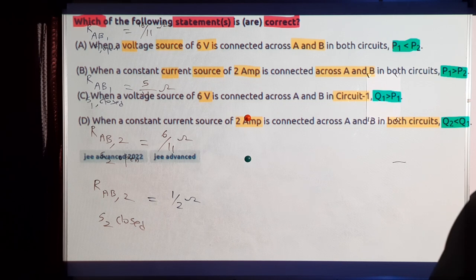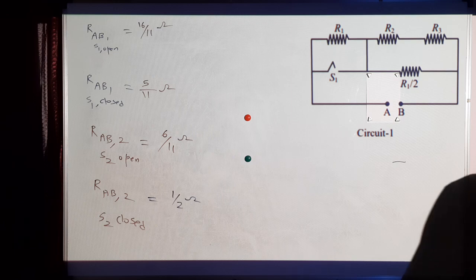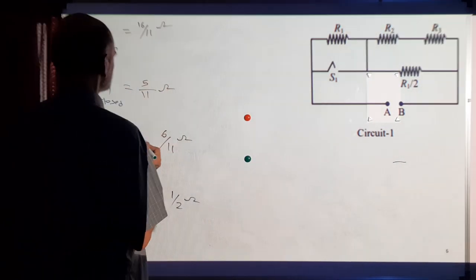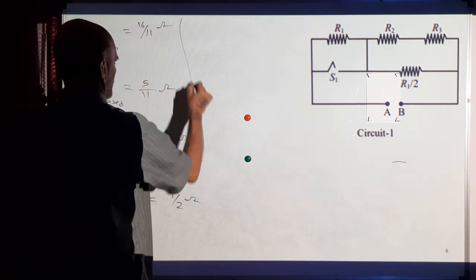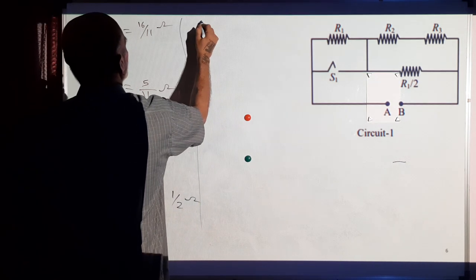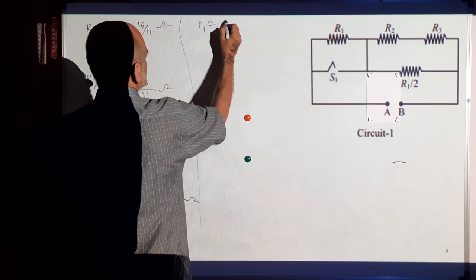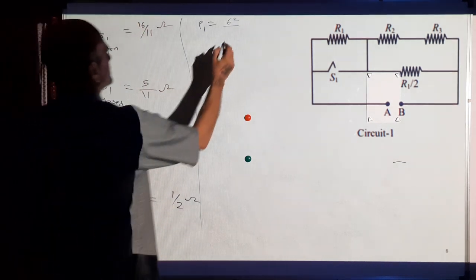Option A says when the voltage of 6 volts is connected across A and B, P1 and P2. So P1 is the power dissipated in circuit 1 and P2 in circuit 2 when the switch is in open condition. P1 is with the voltage connected, that is 6 volts, so 6 square by the total resistance, 16 by 11.